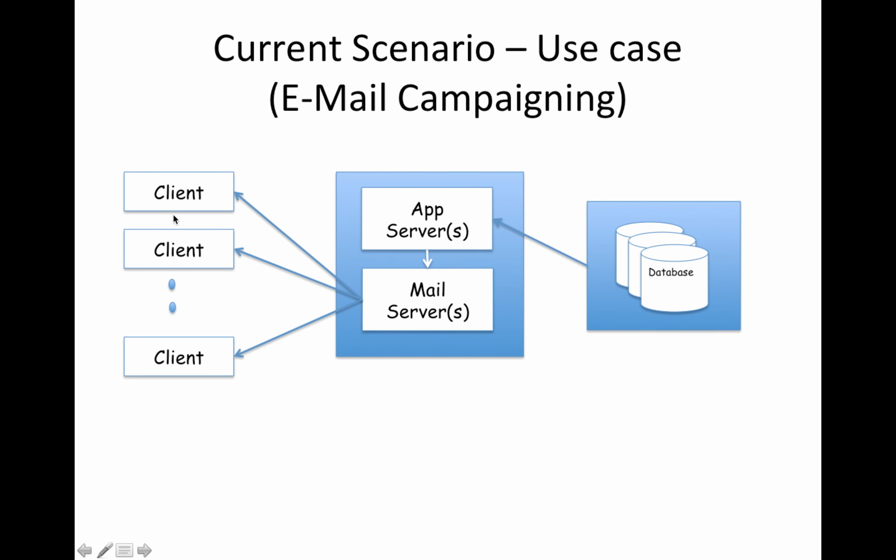That is the typical architecture, and we already discussed a few of the challenges in it. In the next videos, we will see the use case called email campaigning, and how we should think about alternatives for use cases like this.